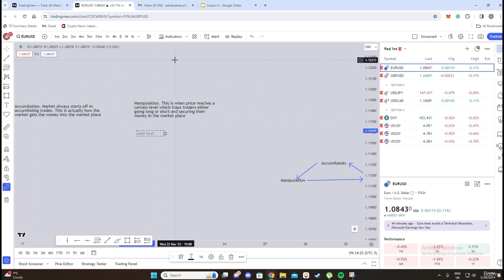And so once that money is secured, what's the next thing to happen? Expansion. Once the market has secured all of the liquidity, the next logical step would be for price to expand in the desired direction.